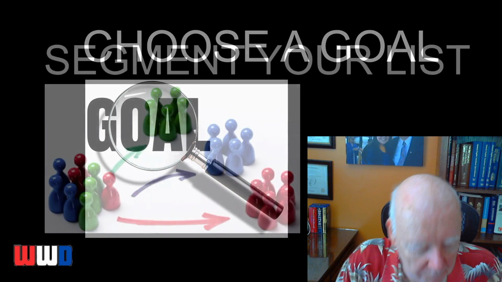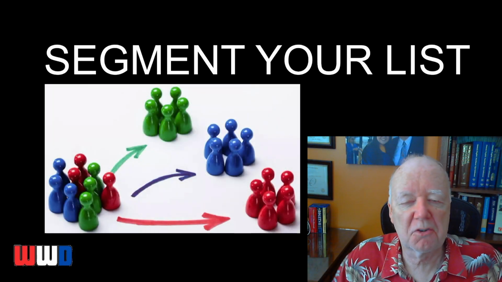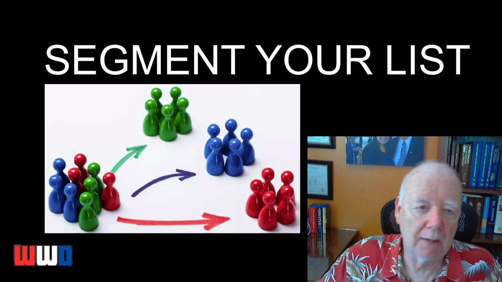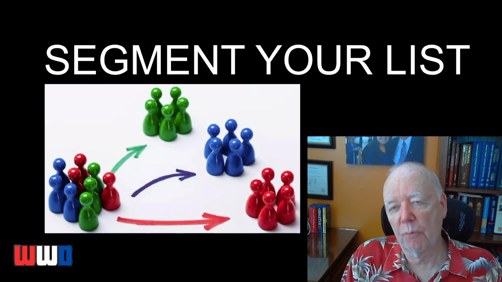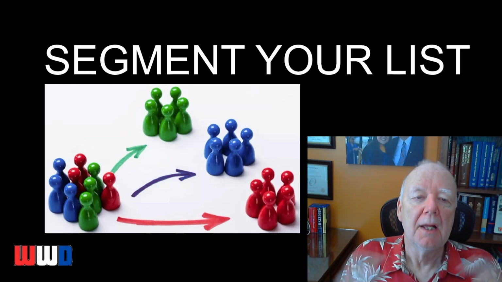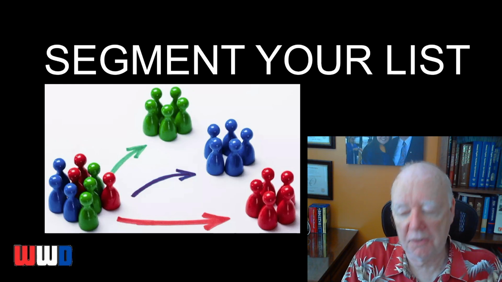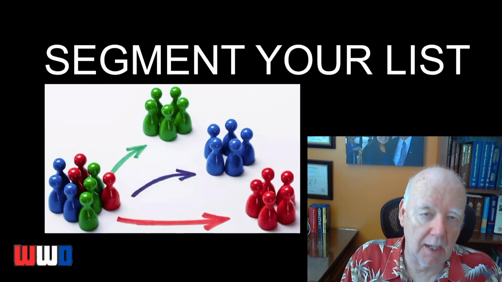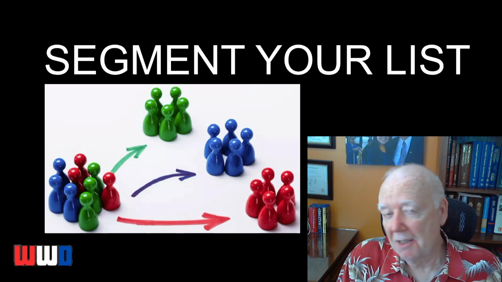And what was the next one? Well, the next one is segment your list. This ties into the first one about what your expectation is for your autoresponder series. Now, say you've got one list with 1,000 subscribers.